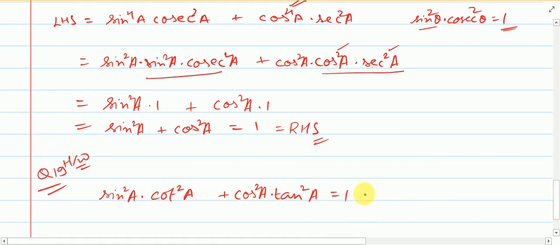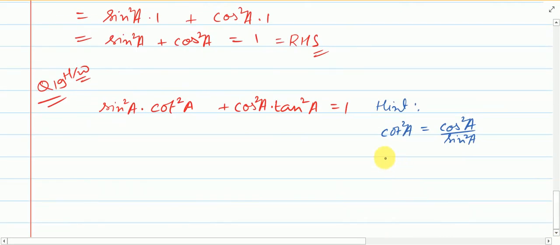So here your hint is cot square a will be equal to cos square a upon sin square a, and your tan square a will be equal to sin square a upon cos square a. Okay, so use this and you'll be able to get your right hand side. Okay, so question 19, homework for you.